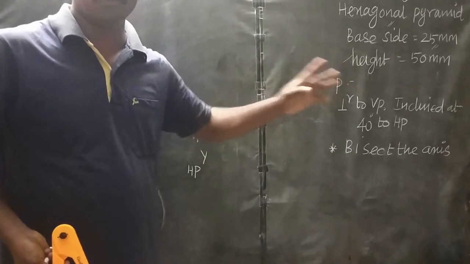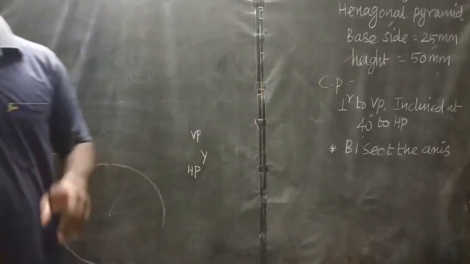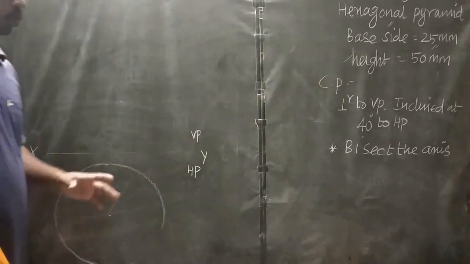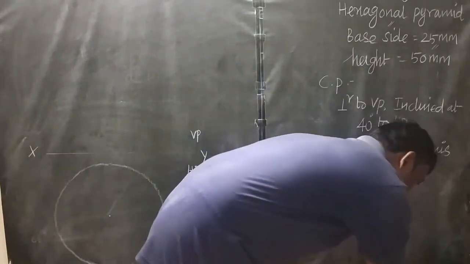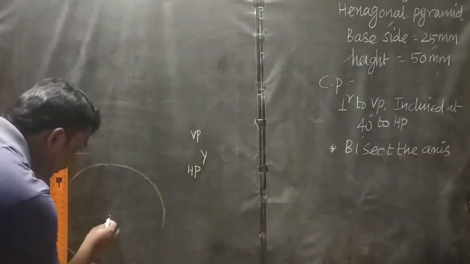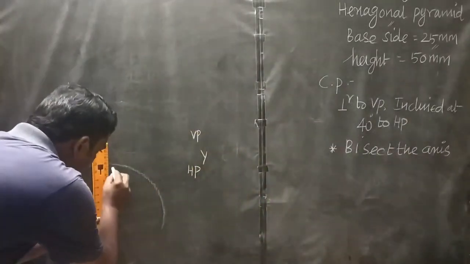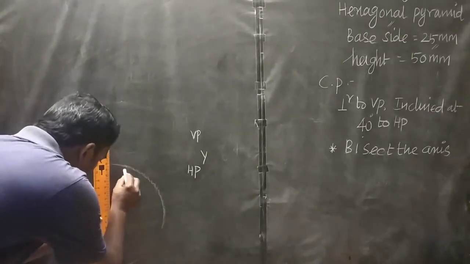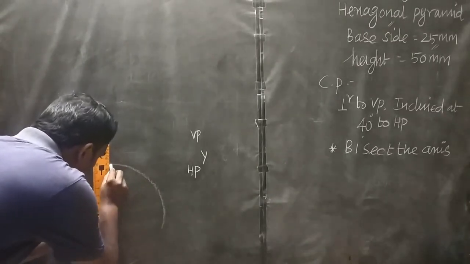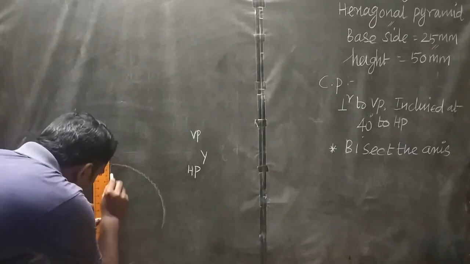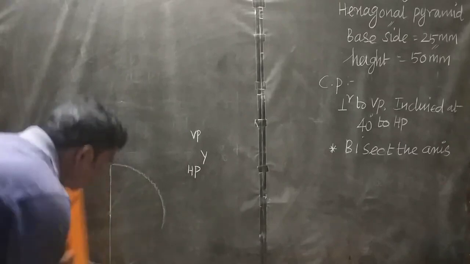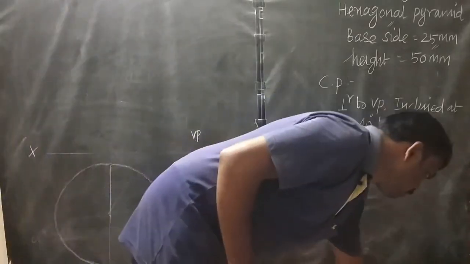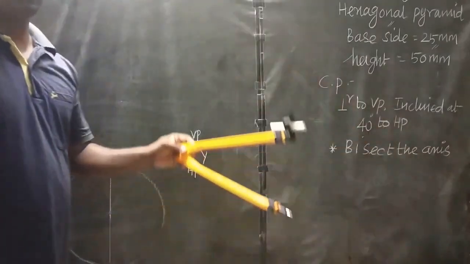So in this problem, two of the base edges are perpendicular to VP, so draw a vertical diametral line through the center point of the circle. Draw that line lightly. Now take the 25 mm radius.